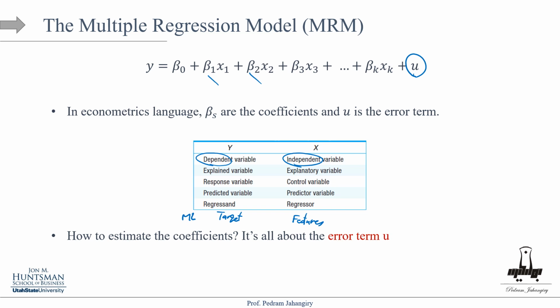Again, that u is a combination of noise, variables we ignored, and sometimes variables that we didn't have data to collect, right? So lack of data. Things like that. And then we're going to make a bunch of assumptions on that u term, and we say, okay, if those assumptions are valid, then what?